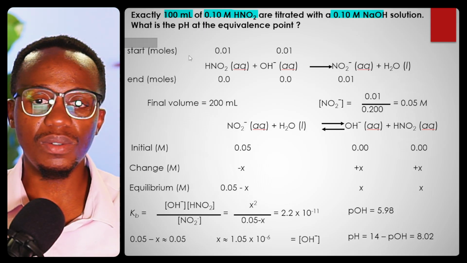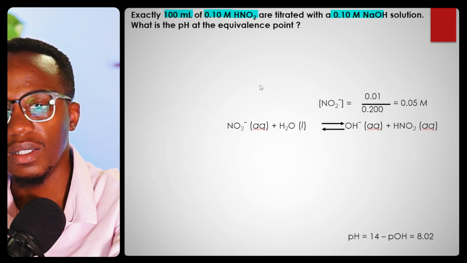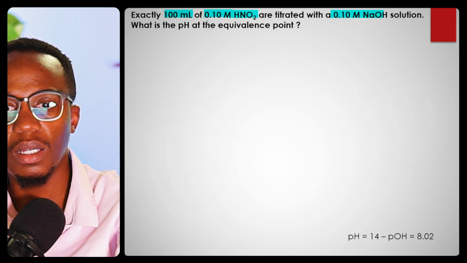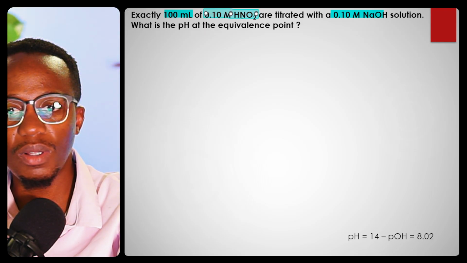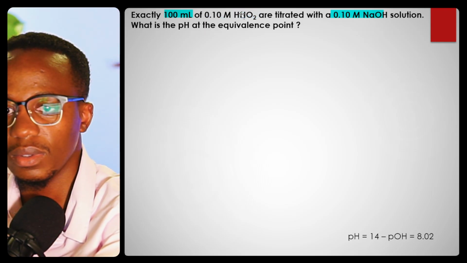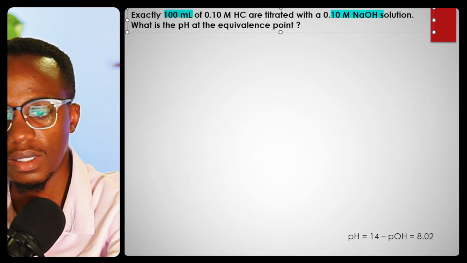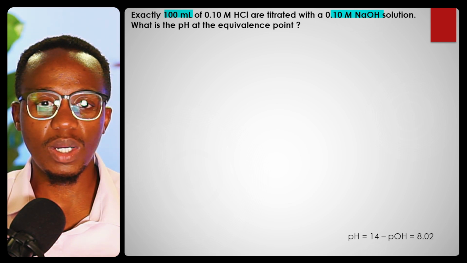If I asked you, first, like, exactly 0.1 molar of HCl, right? HCl are titrated with 0.1 molar NaOH. What are you going to do, right?